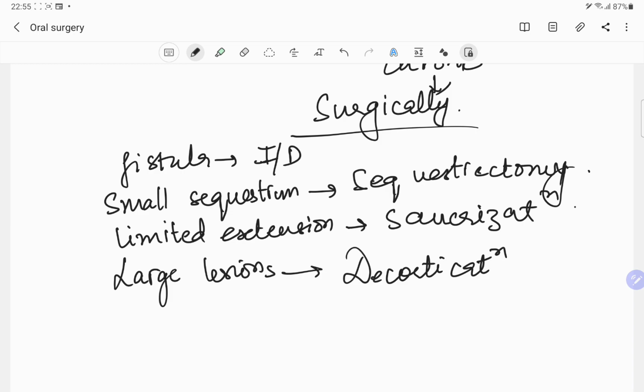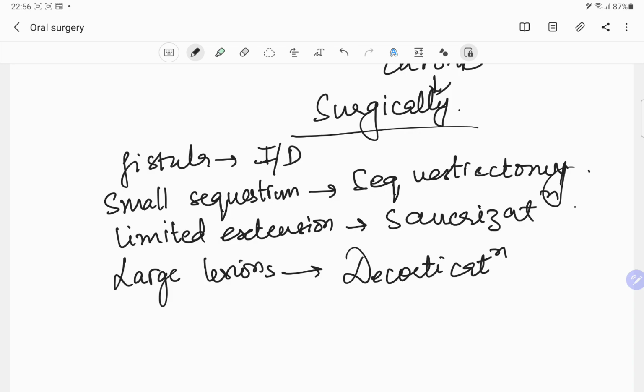So sequestrectomy is basically removing only a small, well circumscribed part of the bone. The bone which is necrosed, the part of the cortical plate which is infected, avascular and necrosed, we only remove that small sequestrum. We call it sequestrectomy.